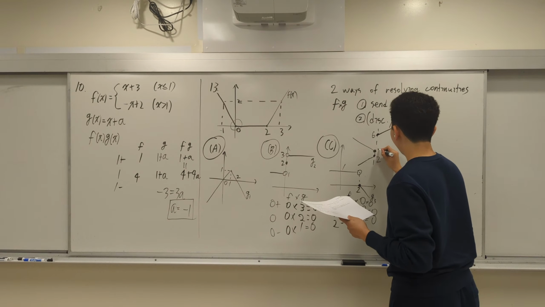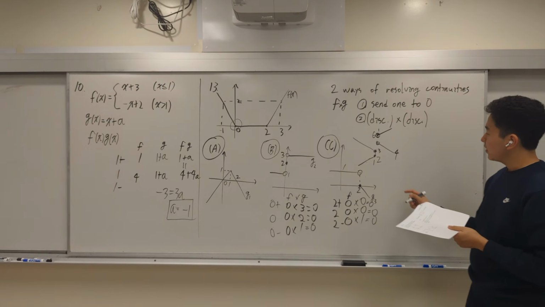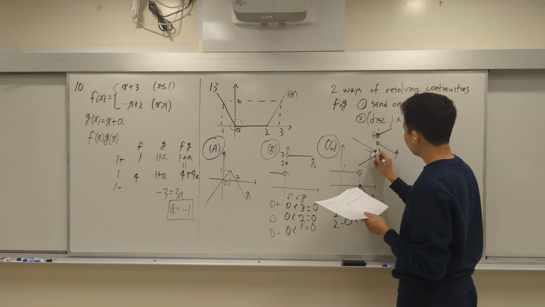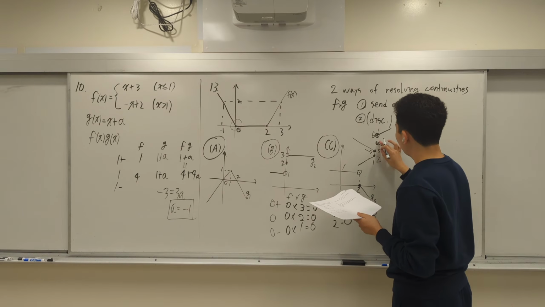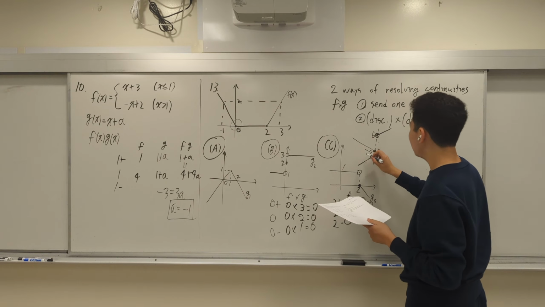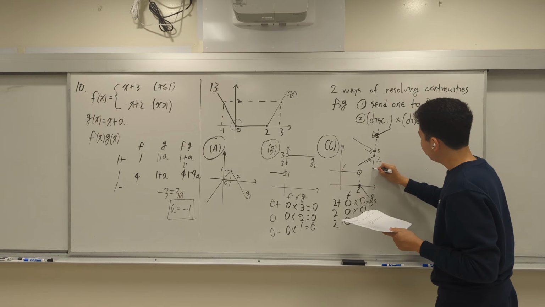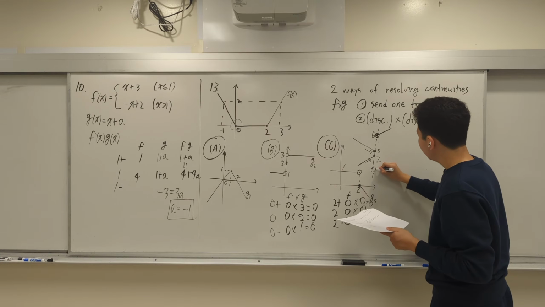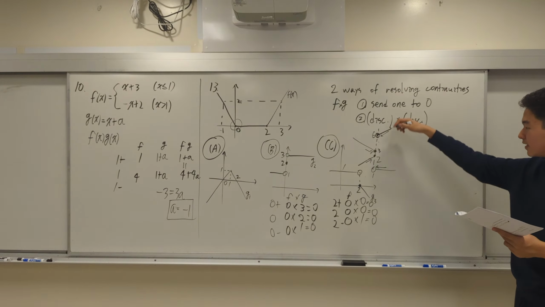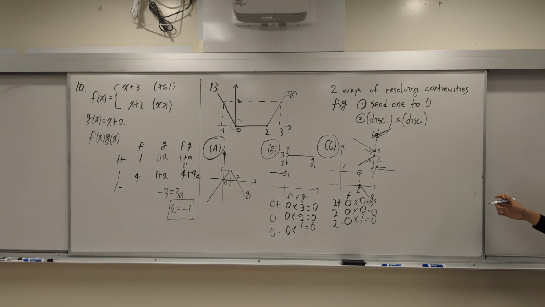Well, technically this is an open hole, so we need to consider the left-hand limits. So the left-hand limit is what? 3 times 2. Then I can put an open hole at 1 so that the function goes to 6 times 1, right? So 3 times 2 equals 6 times 1. So that would be a case where it makes it continuous.